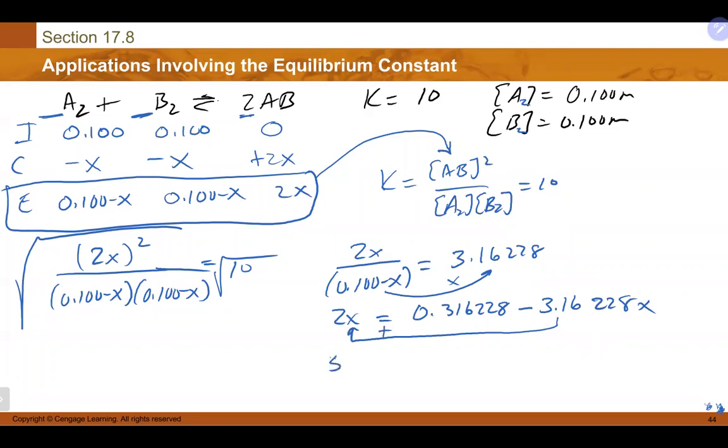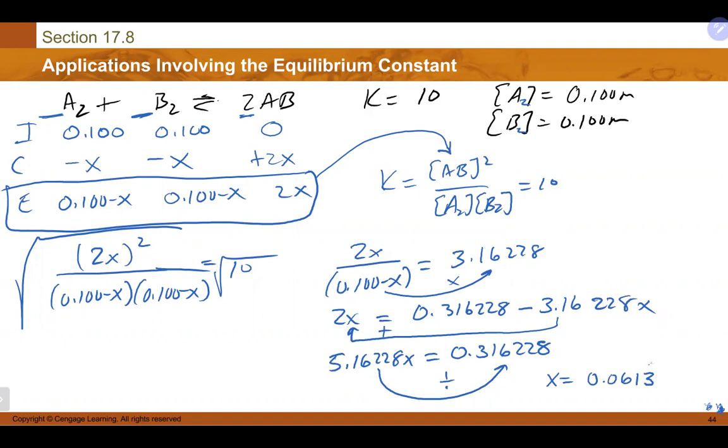That should give us 5.16228x equals 0.316228. Doing a little dividing action at this point, it gives us an x value of 0.0613. Any questions on any of that there?